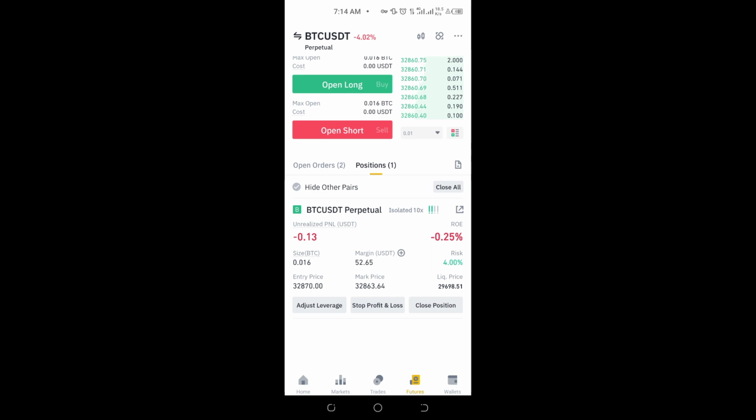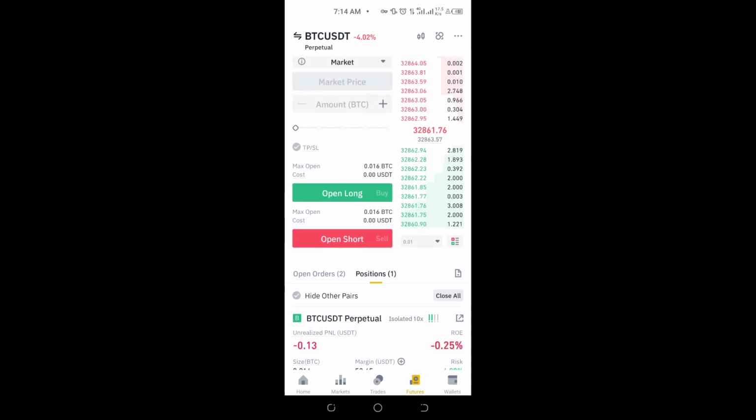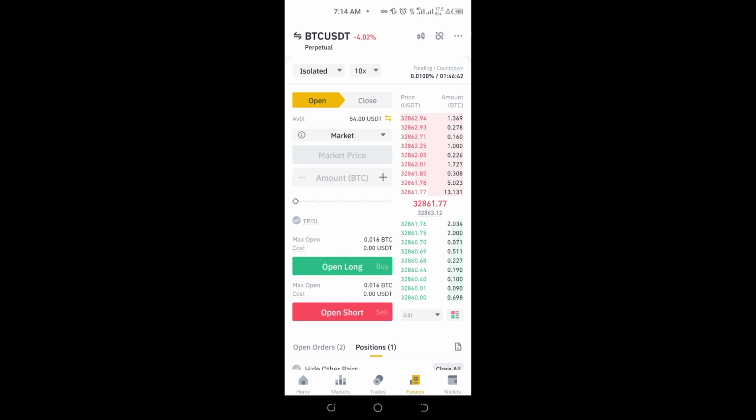And also, if you notice, we actually opened the trade on market. So if you click the drop down, you see limit, post only, spot, and many more. So if you want to execute the trade, let's say on limit, you click on limit. Let's choose something else to trade. Or better still, let's use BTC, but it's on limit.